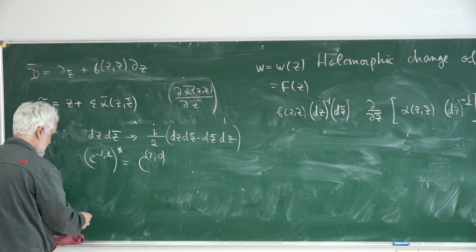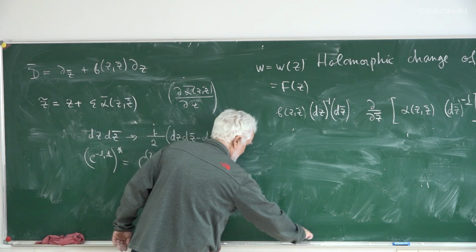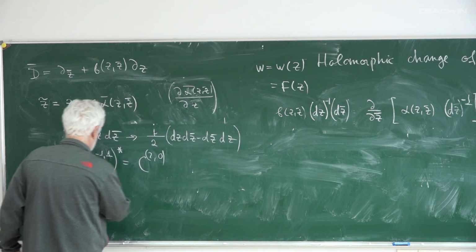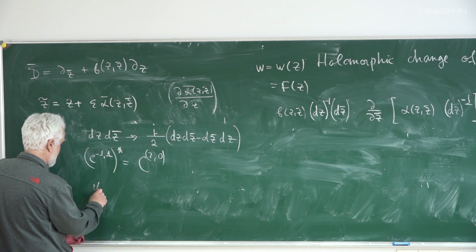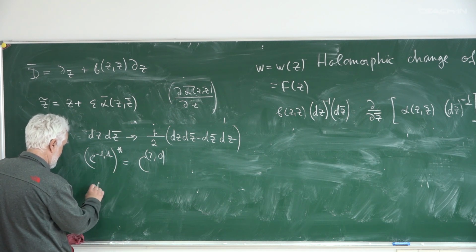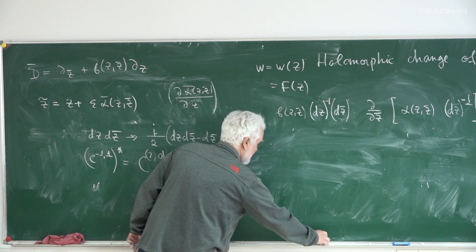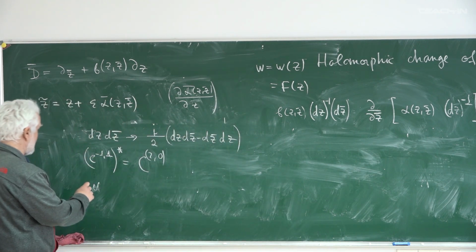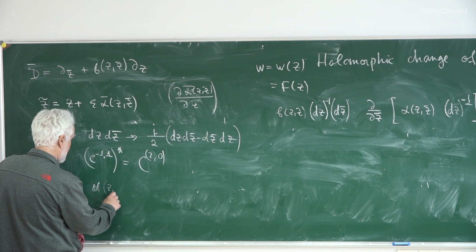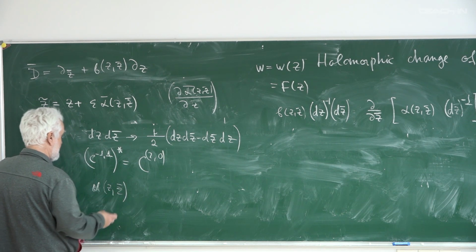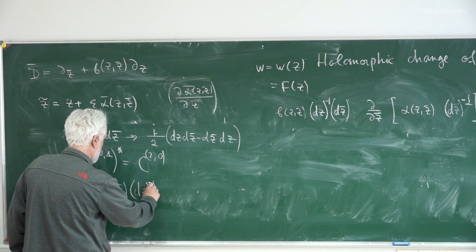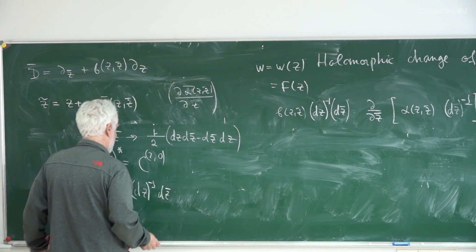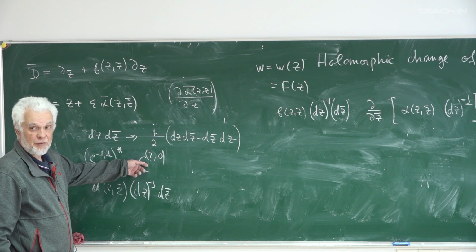Because here you have objects of the type alpha. It has the form structure alpha of z bar. And what's the dual space?